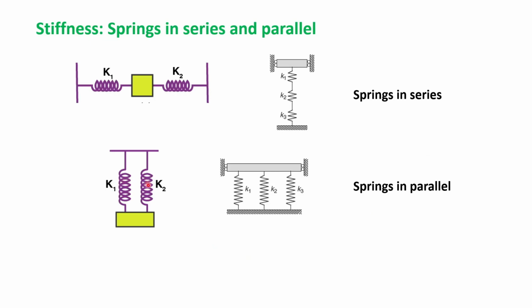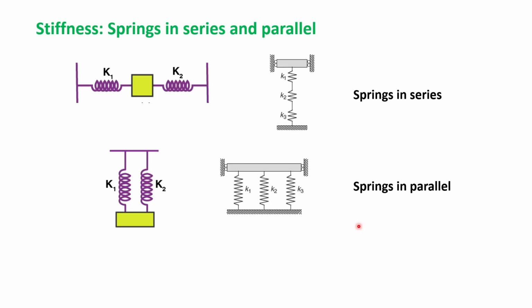So here in the left hand side figure you can see one spring having stiffness K1, another spring having stiffness K2, and they are subjected to some deformation by some load or force, and they will act together to resist that force. So they are in parallel. Here three springs are shown in parallel. So these are springs in series and in parallel in the physical realm.